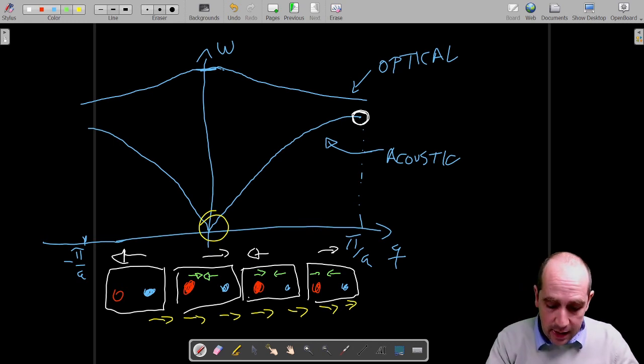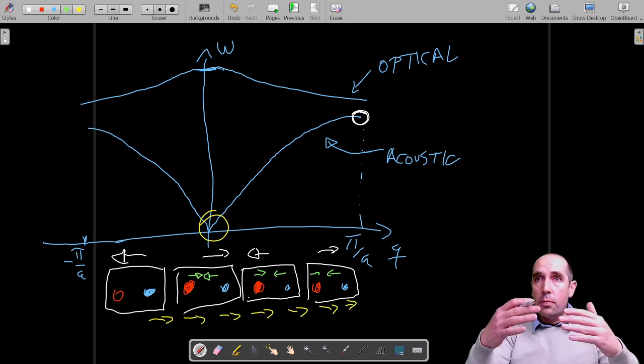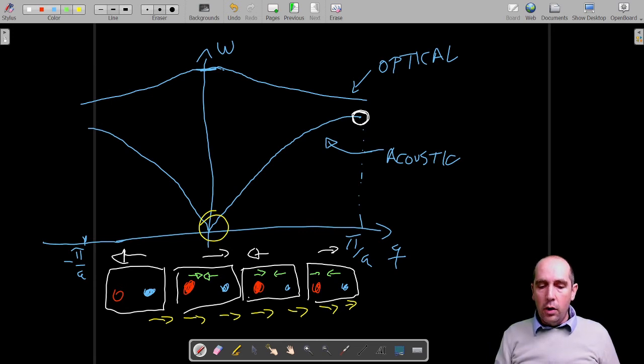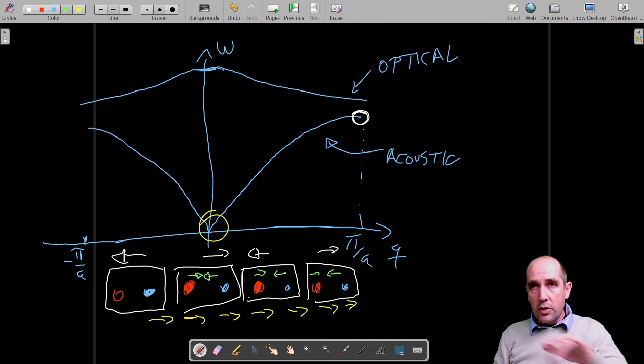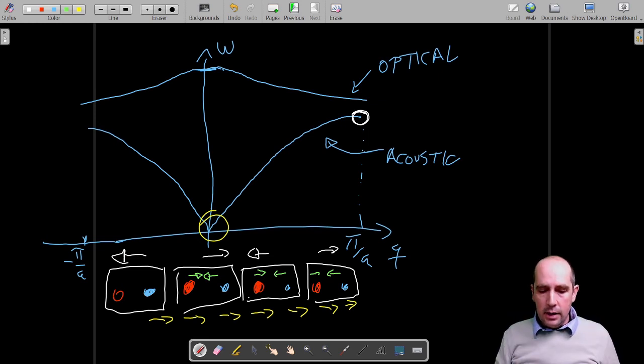So in this case, we have this other branch of vibrations that also has a little bit of dispersion, much less than the acoustic branch, and involves the motion of atoms that are different to each other. And this optical branch only appears when you have slightly more complicated unit cells, like this one, for example.